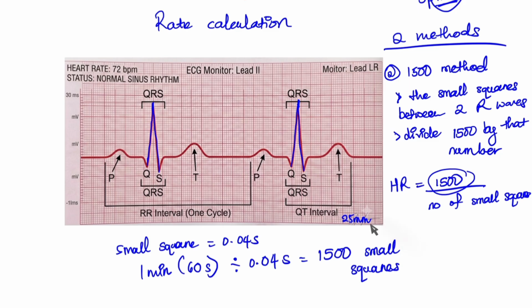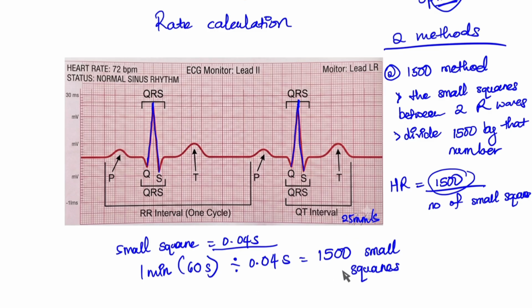In simple terms, if an ECG paper moves at a speed of 25 millimeters per second, one small square is equal to 0.04 seconds. Now calculate how many small squares pass in 1 minute, to find the heart rate, beats per minute. So 1 minute is equal to 60 seconds. Now 60 divided by 0.04, it means how many?